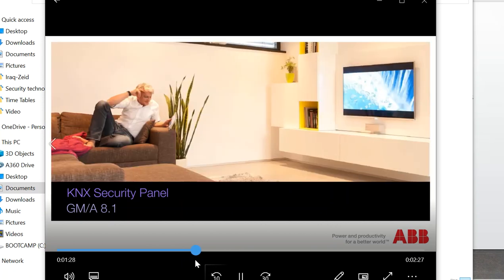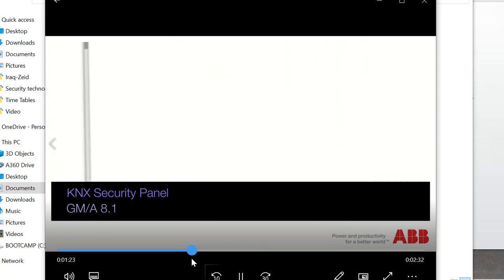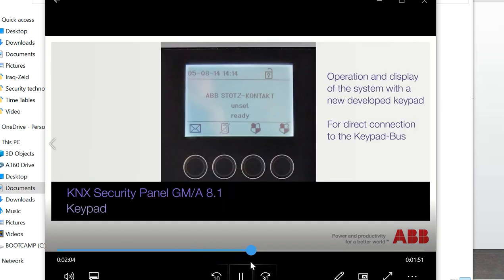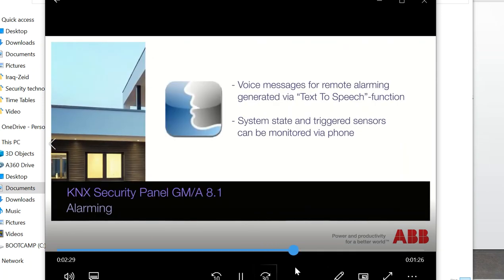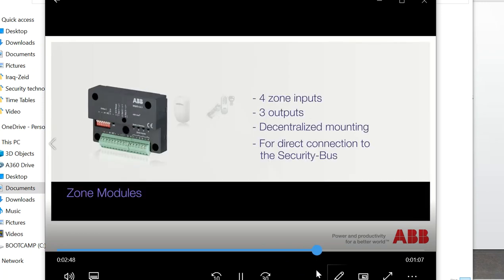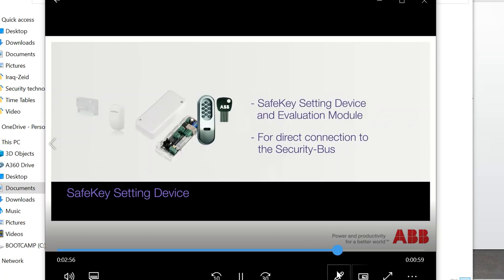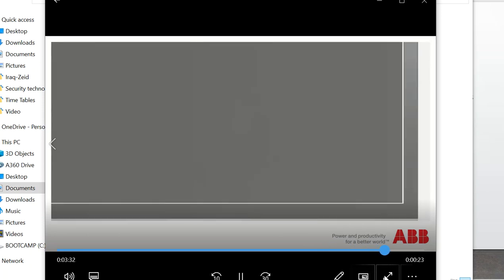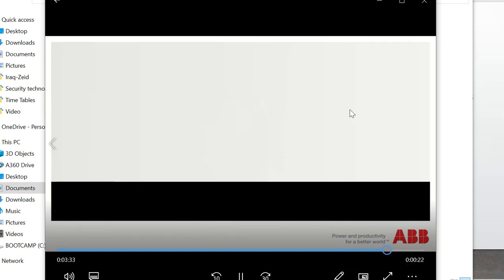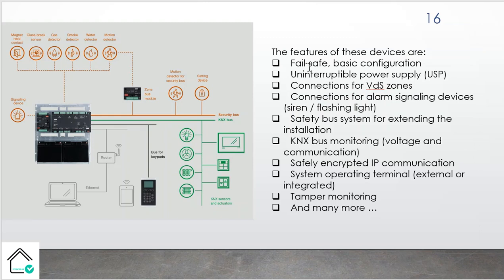It has software, and you can go to the browser and do the setup of the systems. You can see different components such as access control, the sensors and the keys, electronic keys, and many things. It is fail-safe basically.